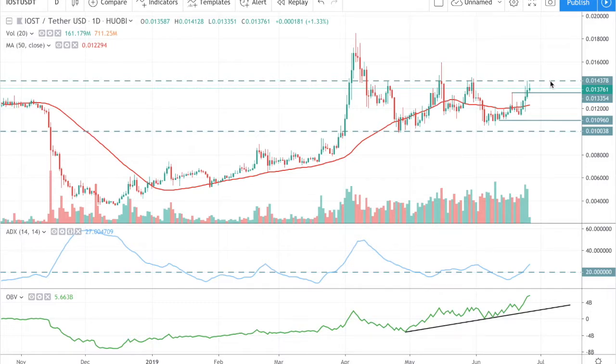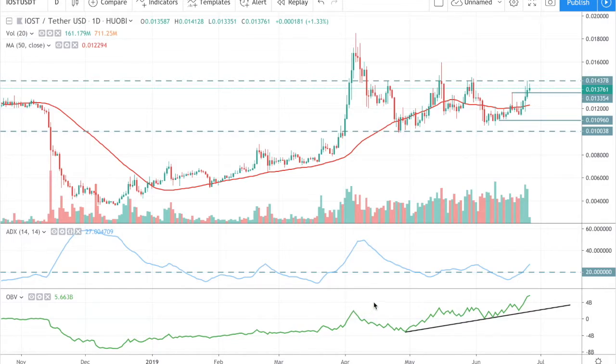I did bring in a new indicator on this chart to help you visualize the volume action that I have been talking about that has been happening. So this indicator right here, OBV, on balance volume, helps you visualize what is going on.